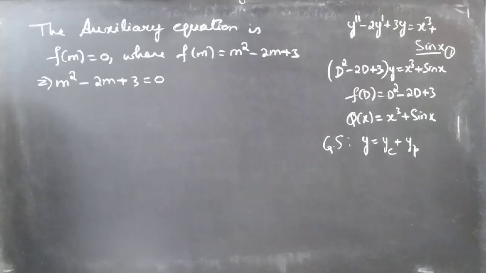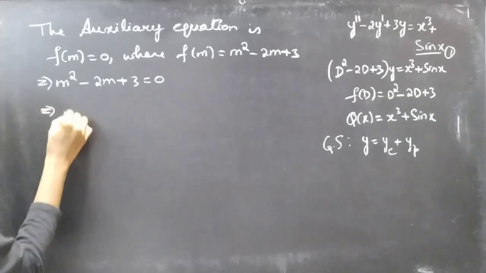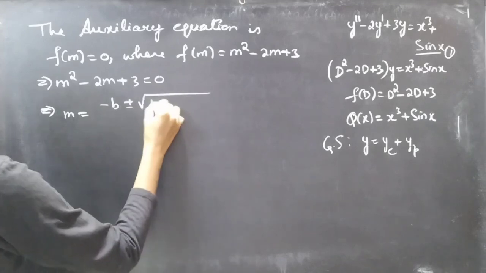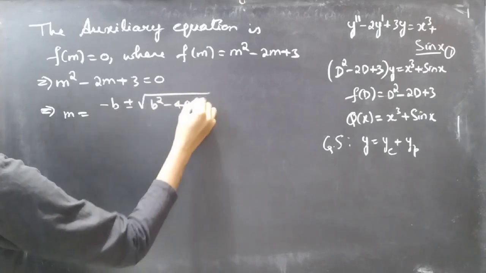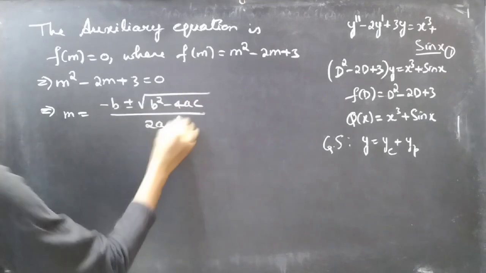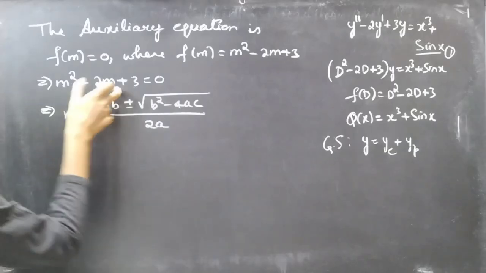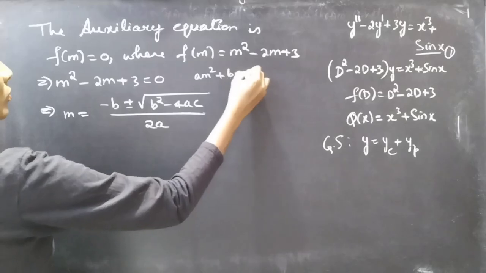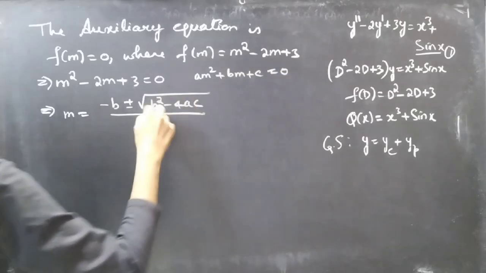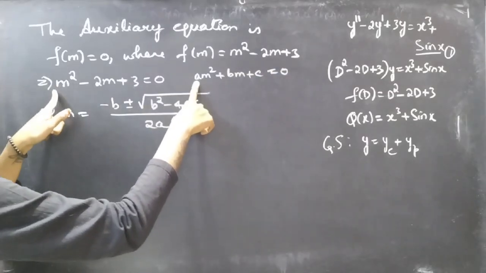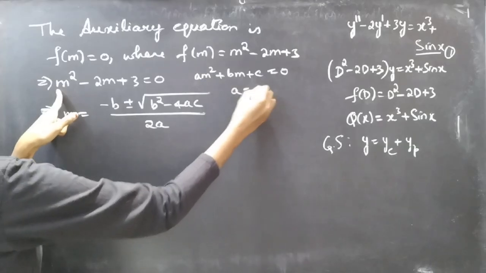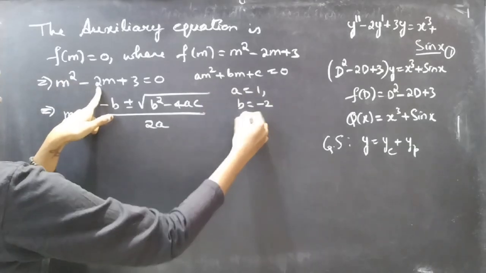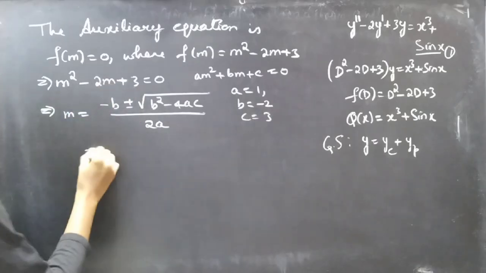Now we need to find roots of this equation, so let's use the quadratic formula. m equal to minus b plus or minus square root of b square minus 4ac by 2a. Now compare this equation with the quadratic equation in terms of m. a is the coefficient of m square, b is the coefficient of m, which is minus 2, and c is the constant 3. Now substitute these values here.